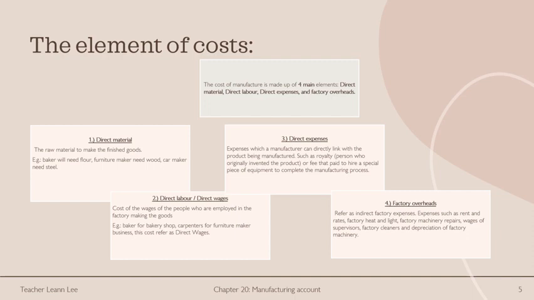The last one, factory overheads, refers to the indirect expenses. So the keyword is indirect factory expenses. These are things that you can simply replace, such as a supervisor. Can you simply hire a person to replace your supervisor's job scope?